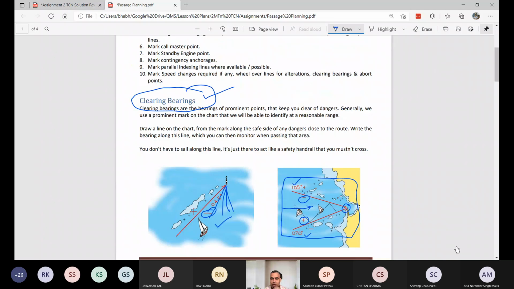All right. Sir, one more question. Bolo beta. Sir, first question, when we are drawing courses, this distances we have to measure from the chart or by formula? Just a minute. Let's go to the first question.